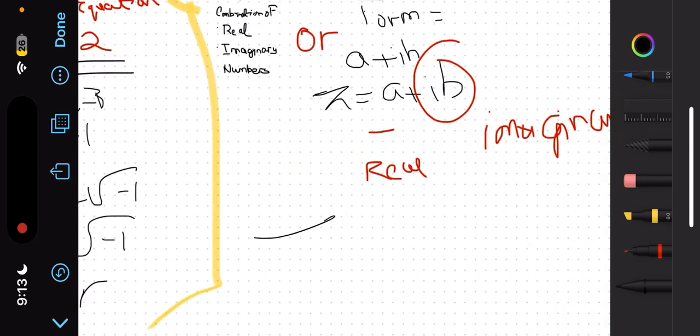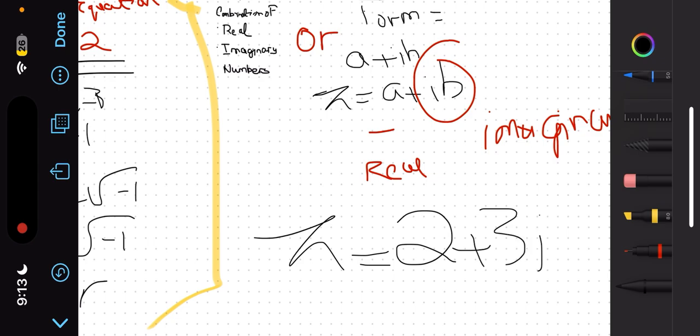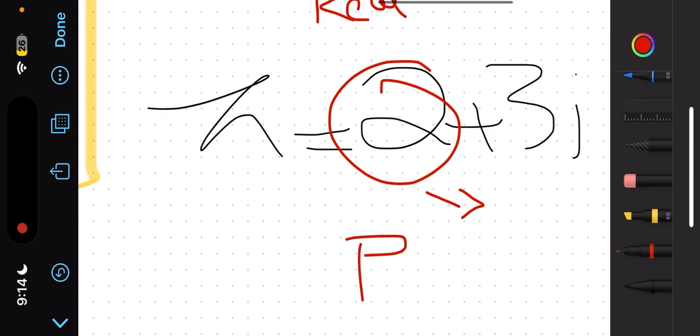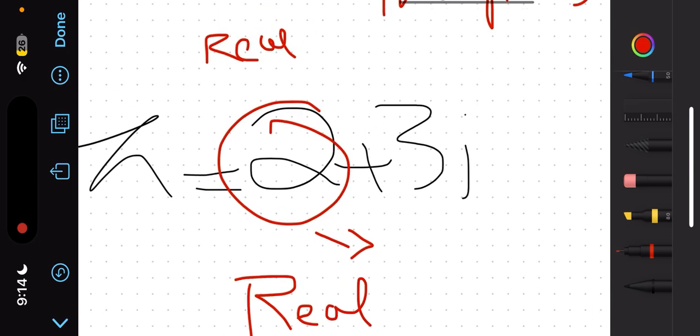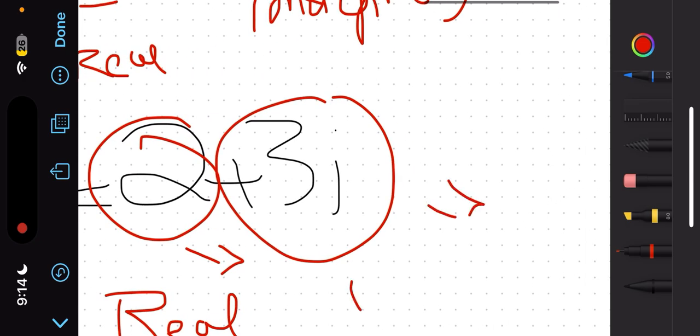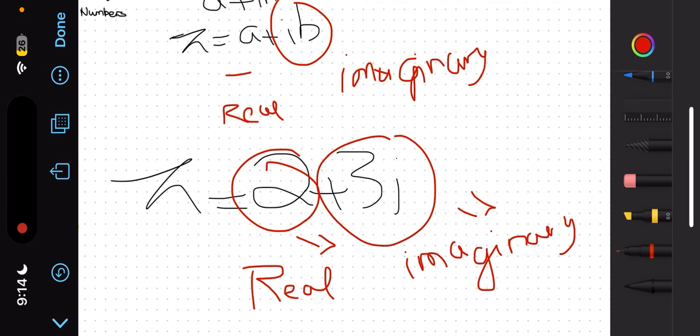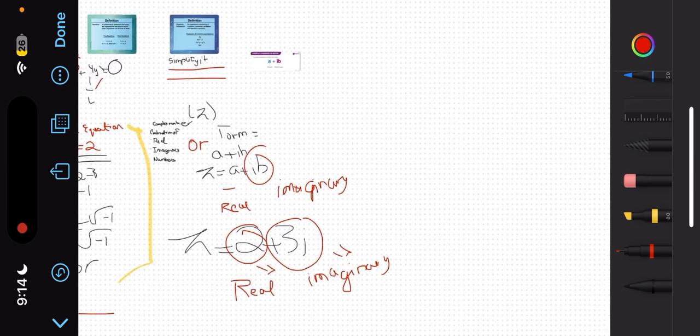For example, z equals 2 plus 3i. Here 2 is a real number and 3i is an imaginary number. Now what is an imaginary number? Now the game starts.